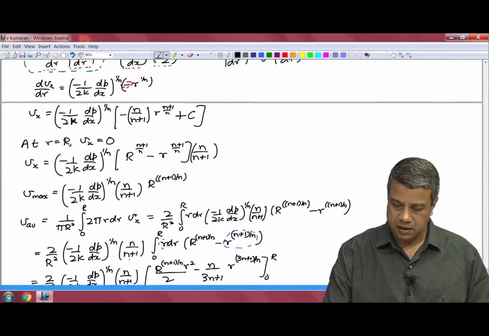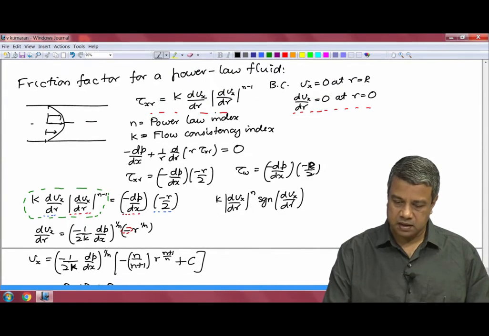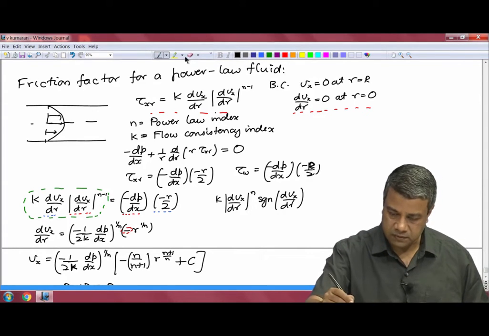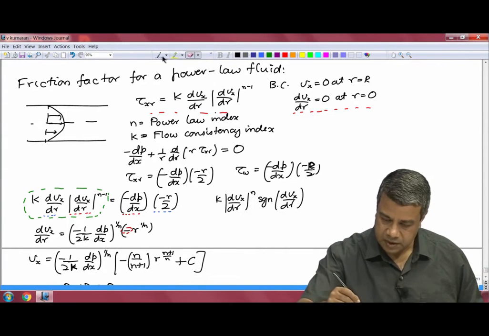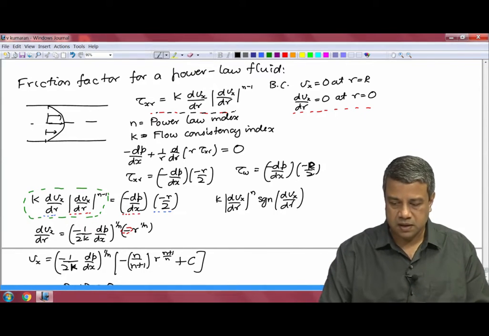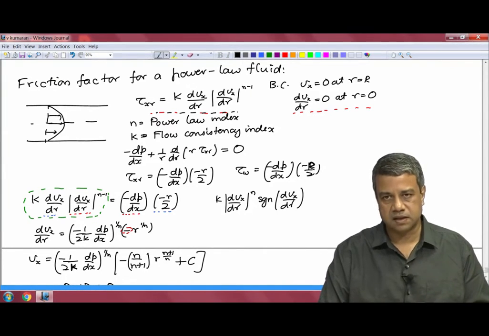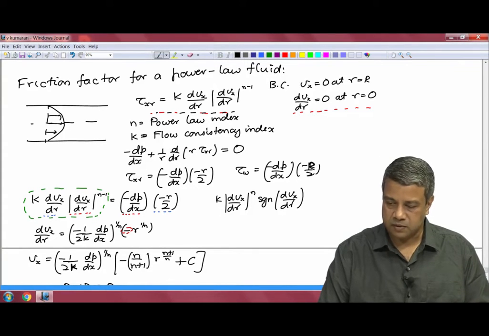Last time we were looking at the friction factor for a power law fluid in a pipe, a power law fluid which has this as the constitutive relation. Note that the stress has the same sign as the velocity gradient in this case. The reason for the modulus is so that the stress has the same sign as the velocity gradient.